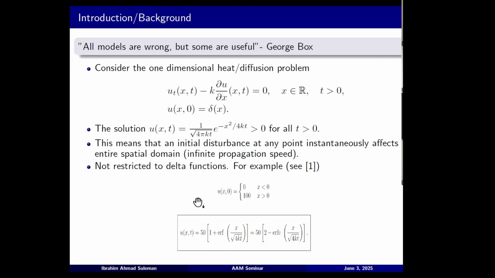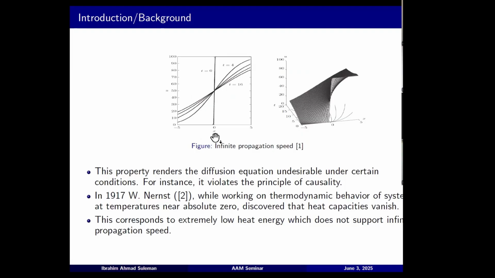We see here an example from a book by Richard Haberman with an initial data that's not continuous. And this phenomenon of infinite propagation is illustrated in the graph here, where you see the left side, which initially is completely 0, instantly bumps up over the entire domain, no matter how large the domain is.